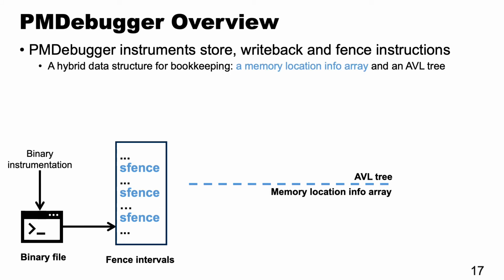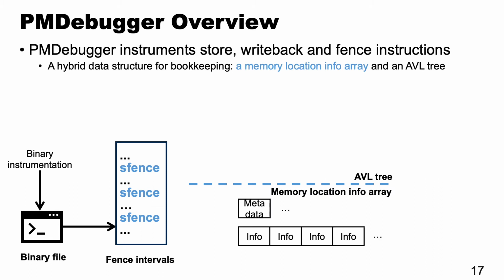For data structure, PM Debugger uses a PM-aware data structure for bookkeeping, including a memory location array and an AVL tree. The memory location array consists of the metadata and memory location information. Memory location information records the information of a store.